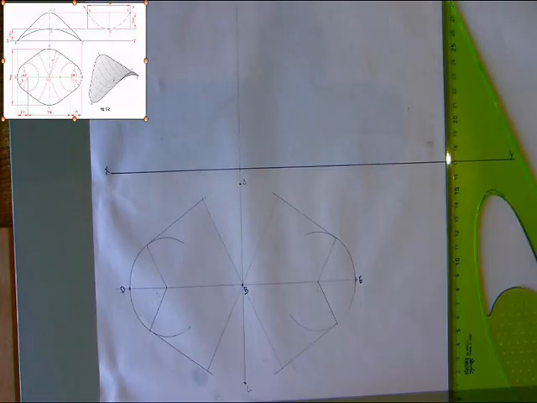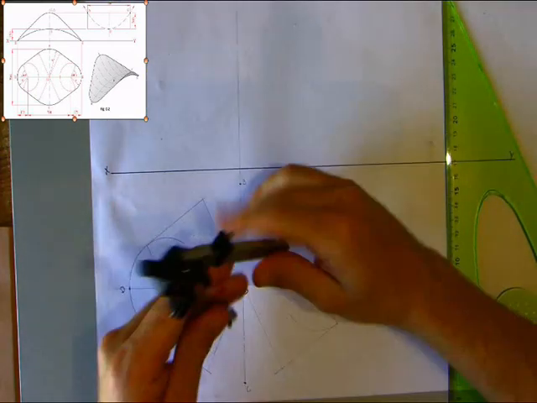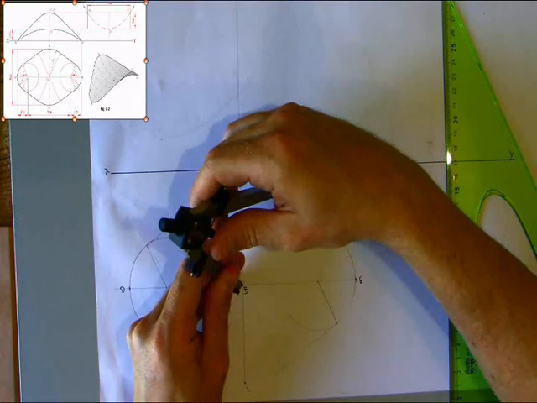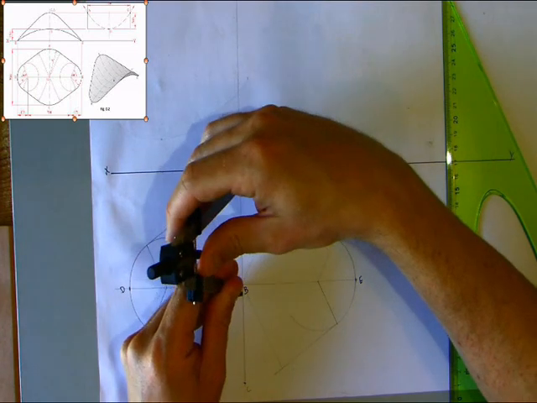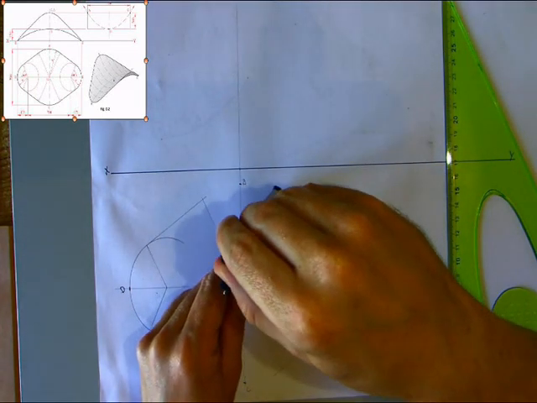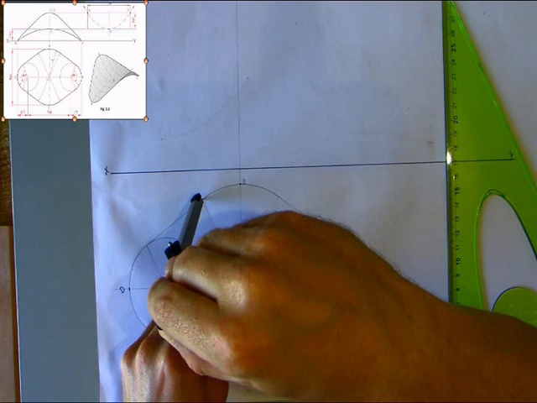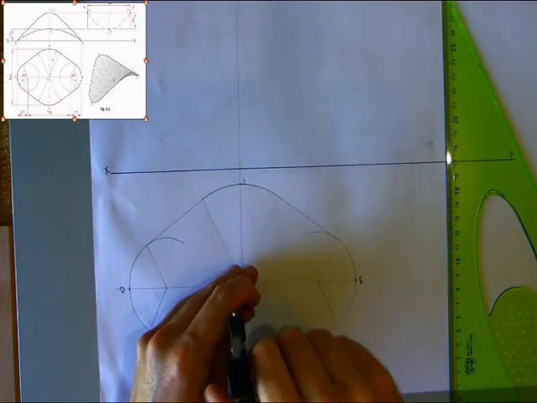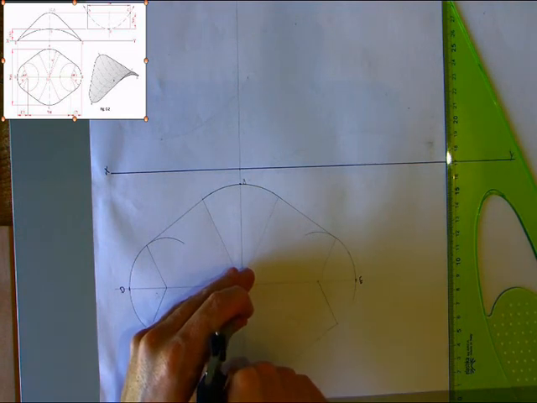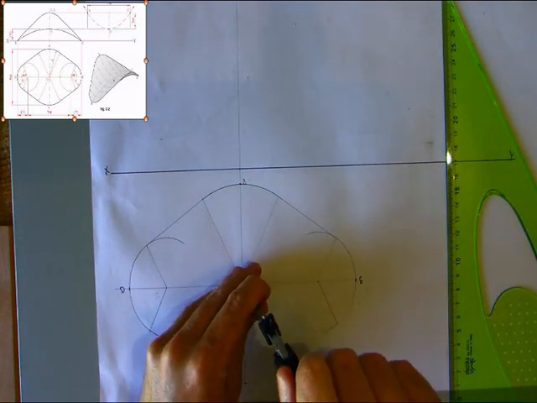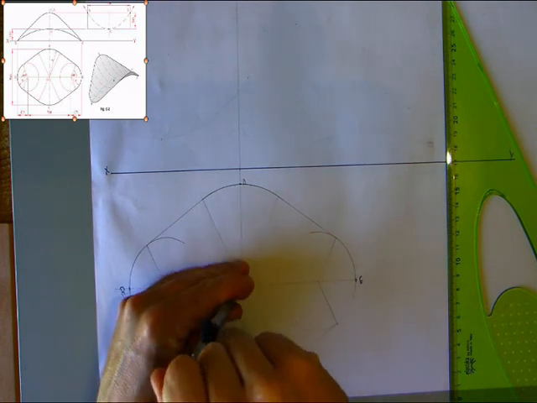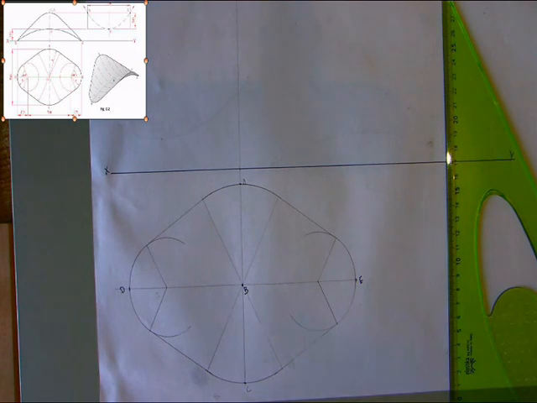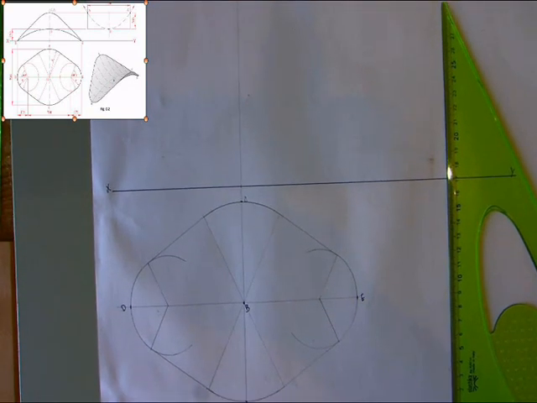Those lines are going to give us our radii. So setting up our compass on the very center point here, if we set it up to that measurement, or even to a measurement of A, this should match, and that will give us the curve at the top. Making sure that it's nice and visible. Okay, so that is part A of the question complete, and our plan view is finished.